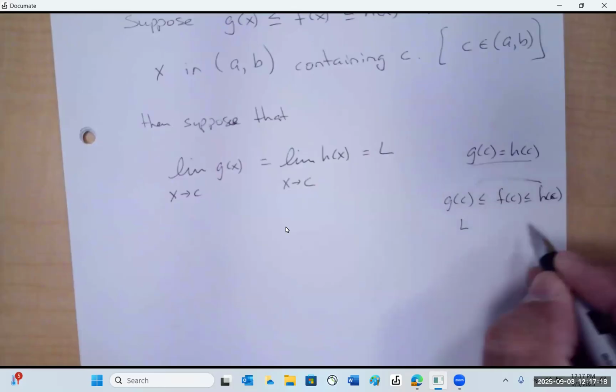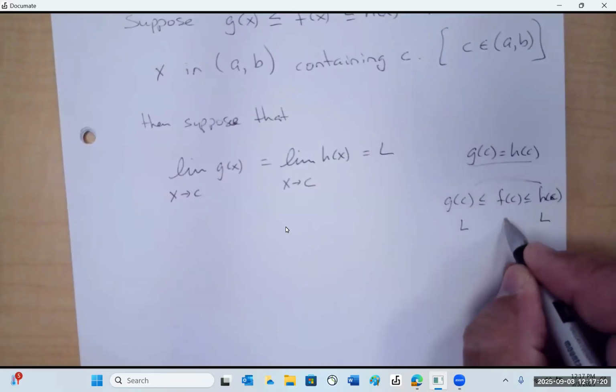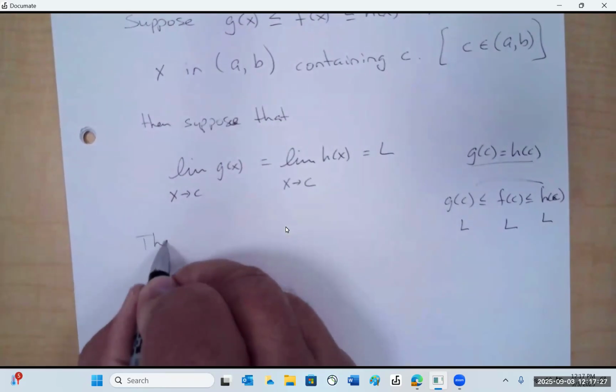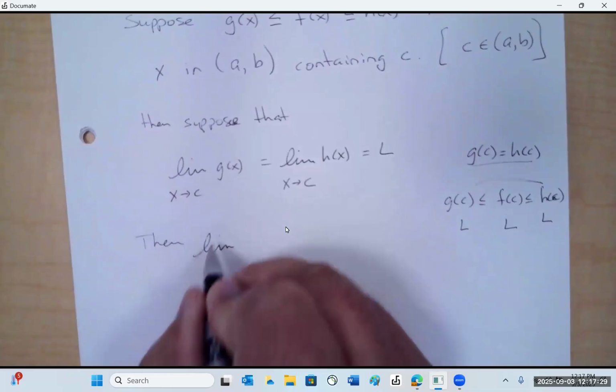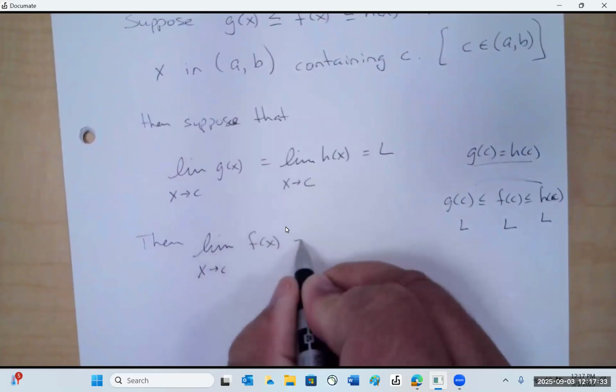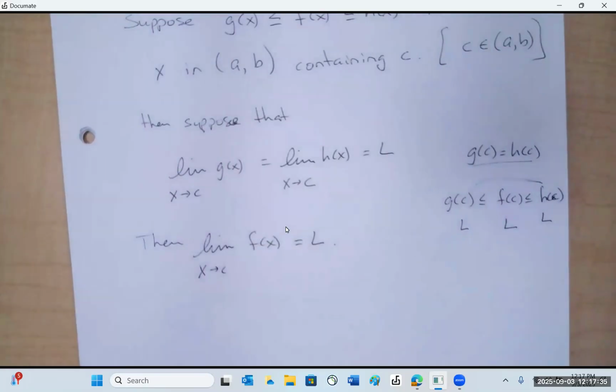So if this equals L and this equals L, then this one has to equal L. Then the limit as x approaches c of f of x also has to equal L. That's what the theorem tells us.